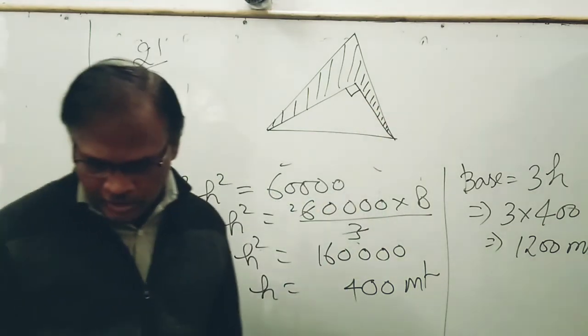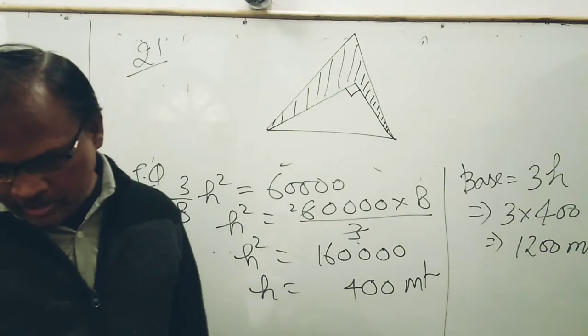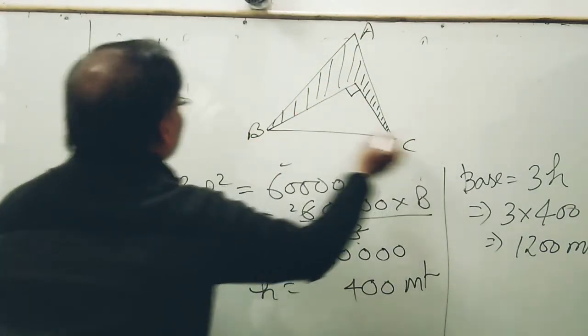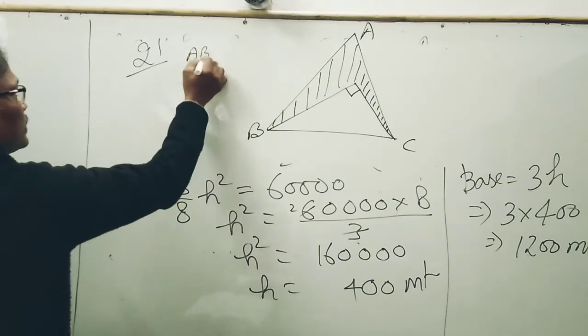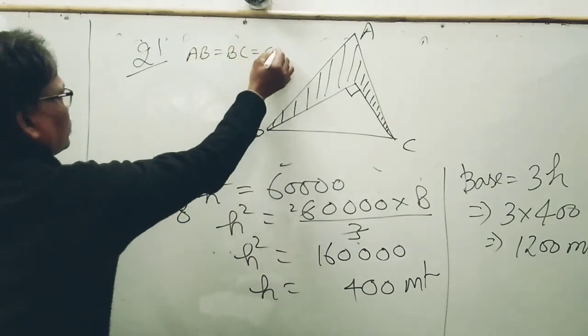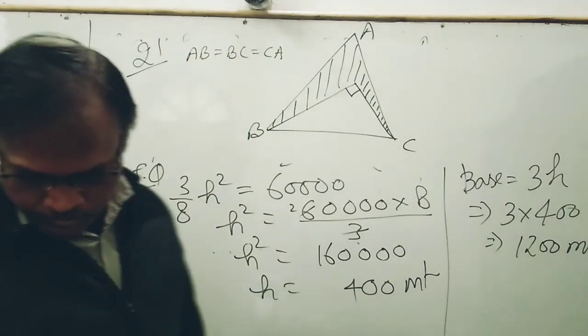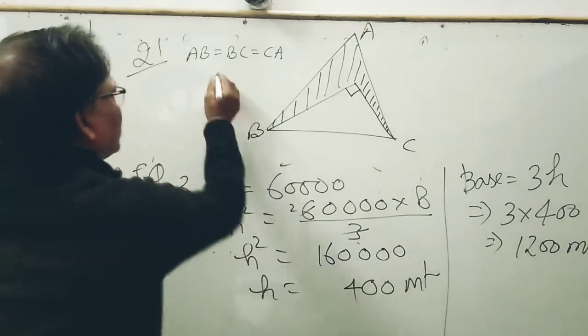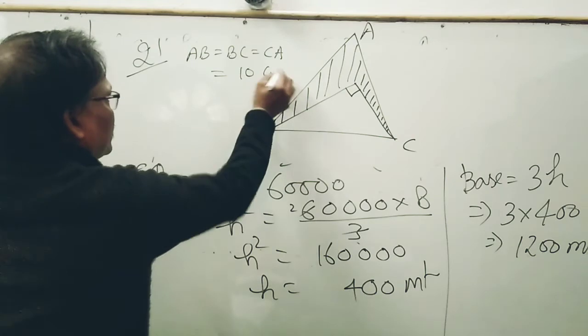You have to find: ABC is an equilateral triangle. This is the equilateral triangle. Means AB is equal to BC is equal to CA. It is given, with each side length 10 centimeter. This is equal to 10 centimeter.